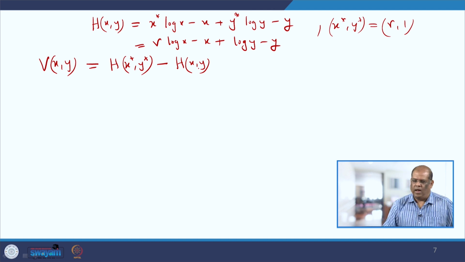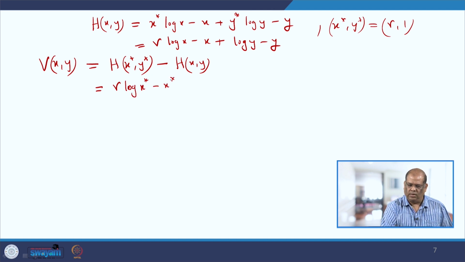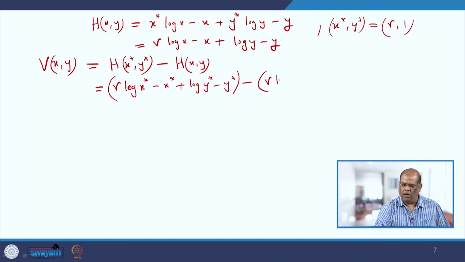Now, why has this been done? Because otherwise, if you substitute the value (gamma, 1) here, this will not be equal to 0, and that is one of the conditions. So, this will be gamma log x star minus x star plus log y star minus y star minus gamma log x minus x plus log y minus y.